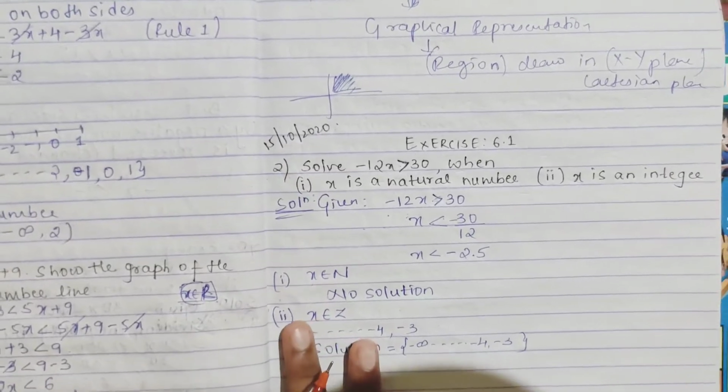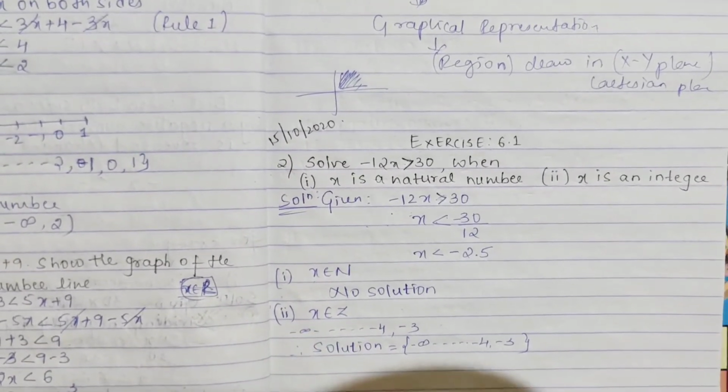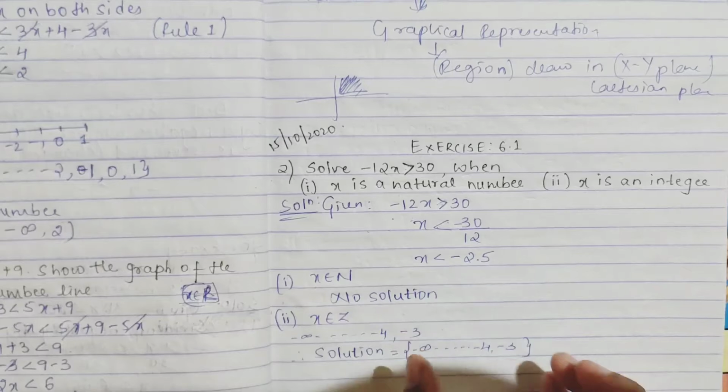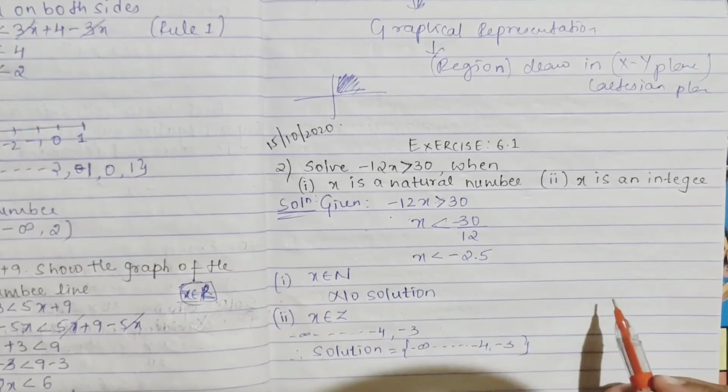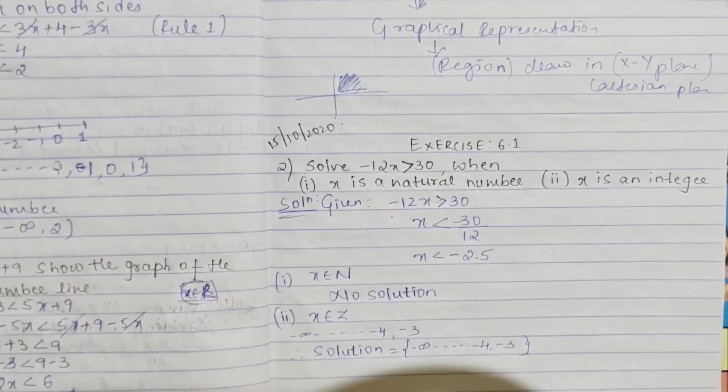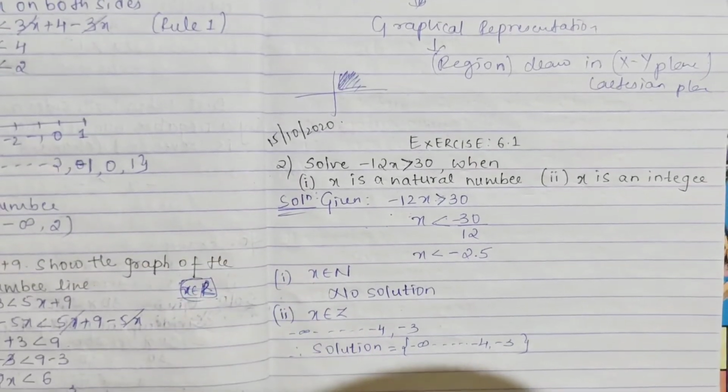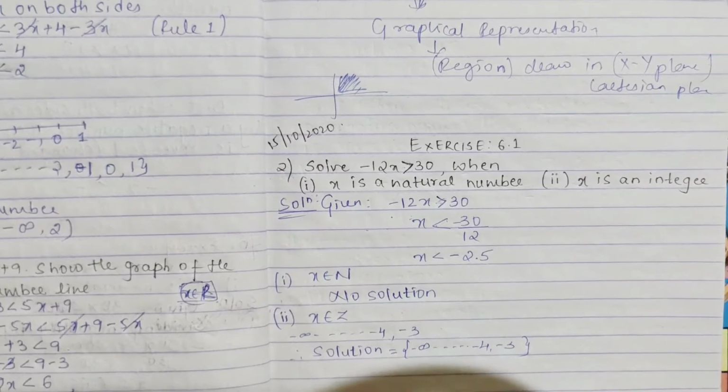So you should be very careful with real numbers and integers. For integers and natural numbers we can make a set, but for real numbers you can't make a set; it comes in interval form. I have even shown you real numbers in the problematic part.